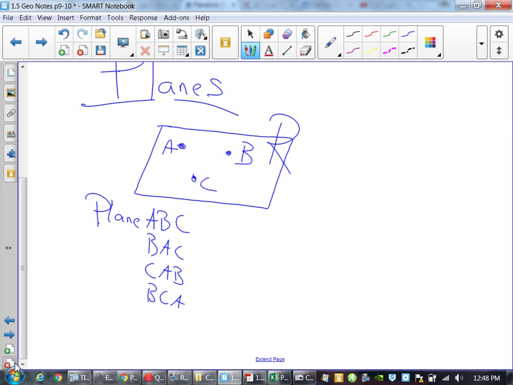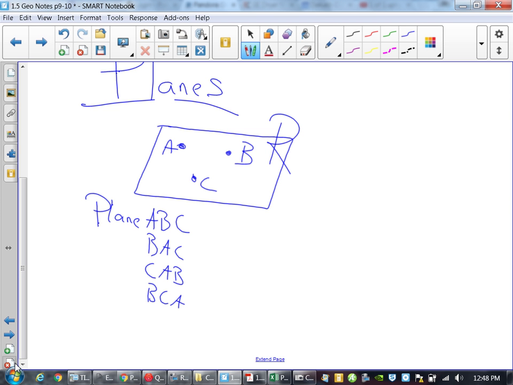The intersection of 2 planes create what? I see a bunch of them in this room. Not necessarily perpendicular.